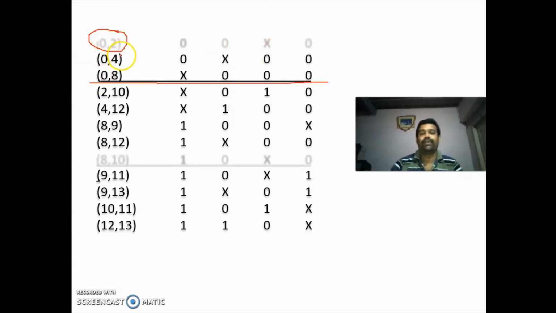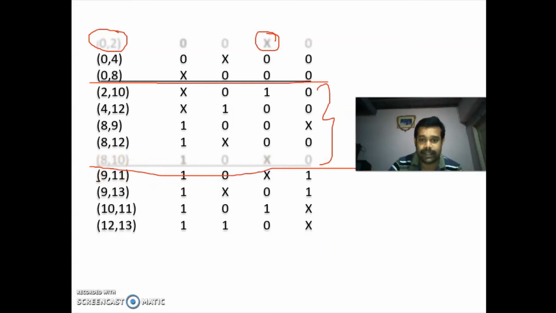So here, first you consider the number 0, 2. In the 0, 2 you are having an x in the third position. Now you have to check whether you are having any x in the same position in this area only, that is below this, 8 to 10.